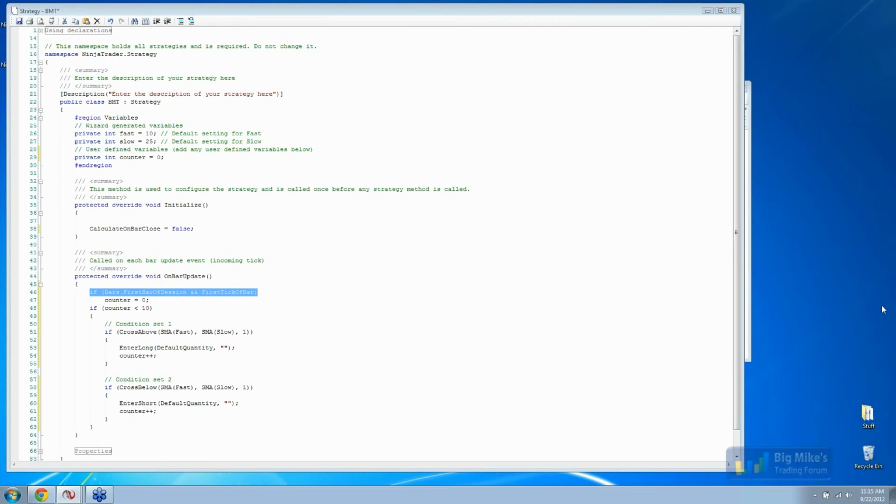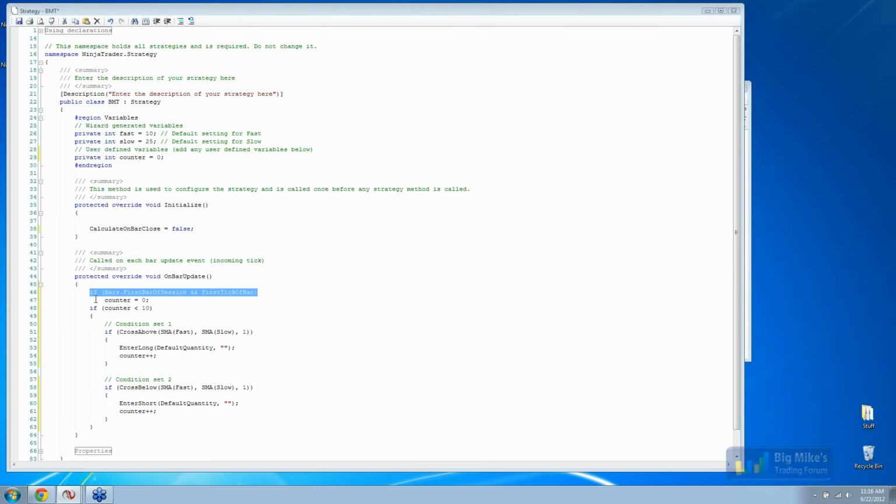Alex had a question, can I use this to limit the number of open trades I have? Alex, to limit the number of open trades, you will want to use a different technique. Right now I'm just limiting the actual number of trades I entered, not necessarily that are currently open.